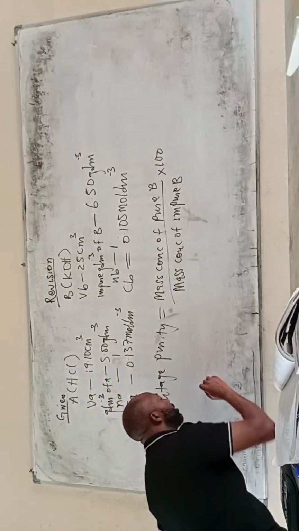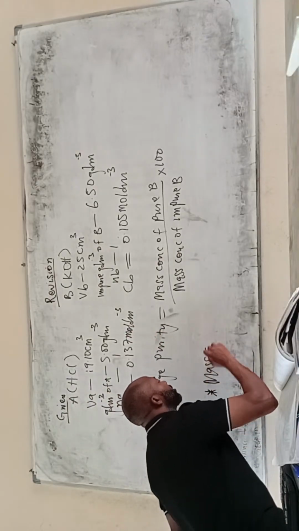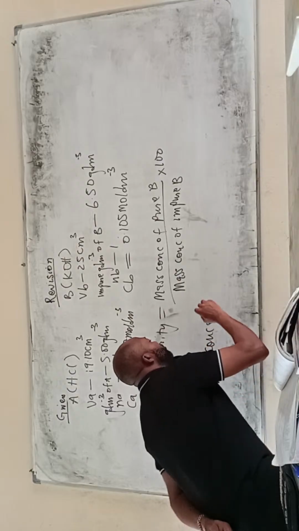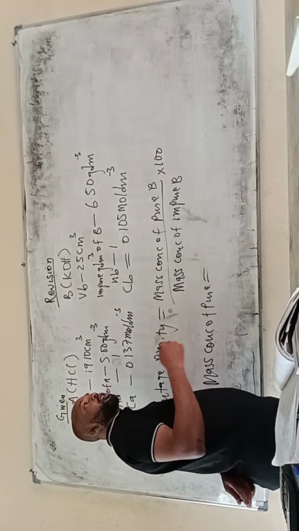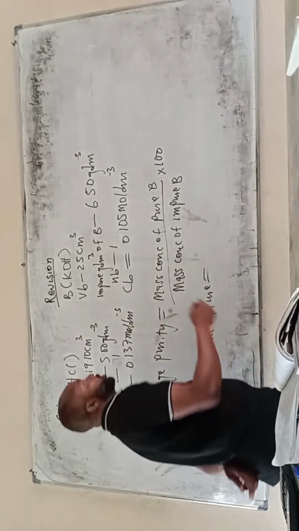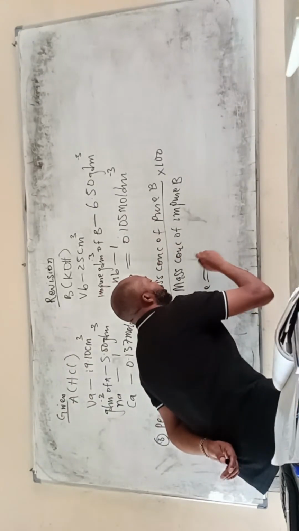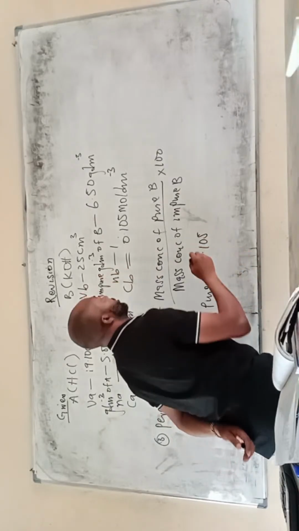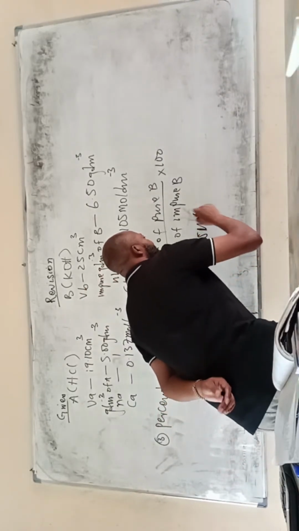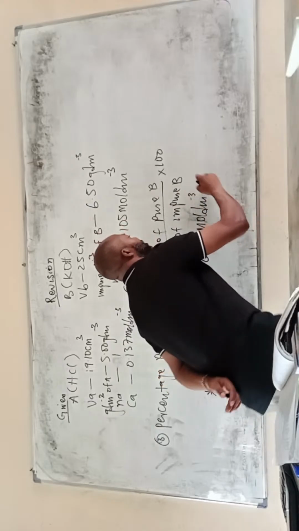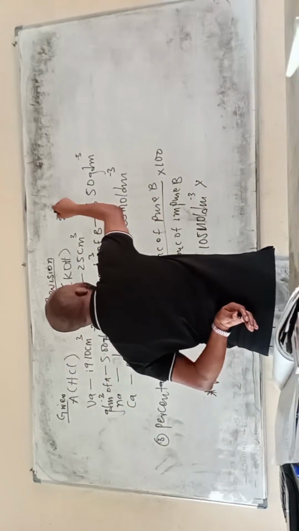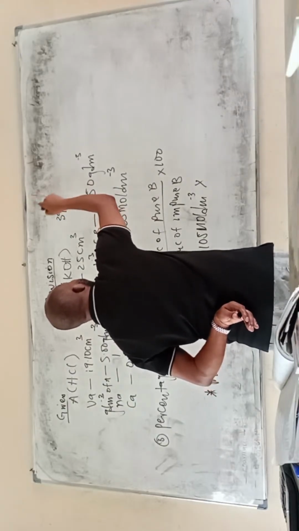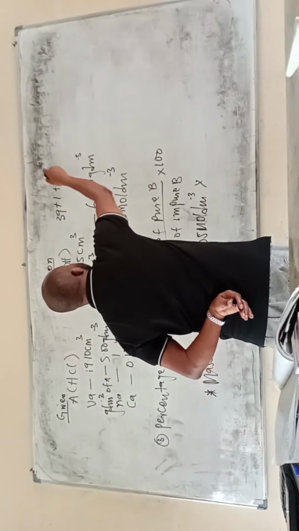So then take it out and replace them back. Therefore, mass concentration of pure. Mass concentration is what? Molar concentration times relative molecular mass. So I will multiply that. The molar concentration is 0.105 mole per dm³ times the relative molecular mass of KOH: 39 plus 1 is 40, plus 16.